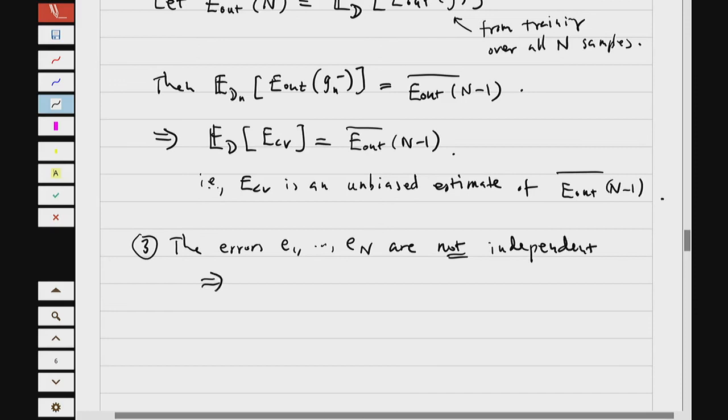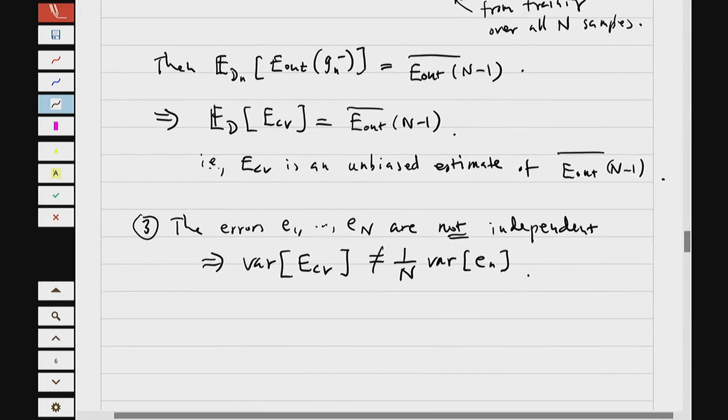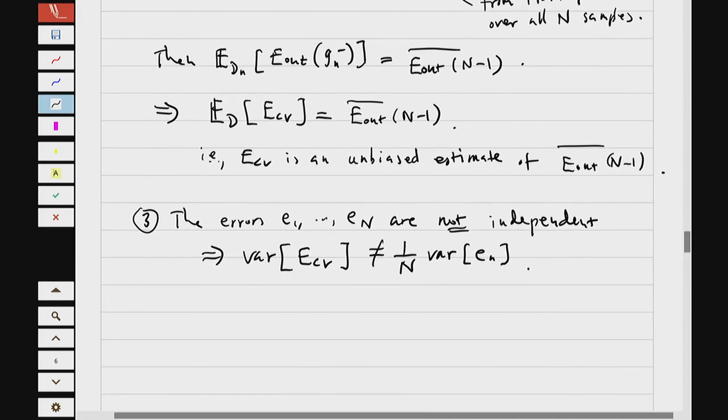Therefore, we cannot derive what we have been using all the time, that the variance of the average is equal to 1 over n of the variance of an En. It would have been nice if we had that. So it turns out that we cannot prove it. We don't know; whether your estimate is consistent depends on your problem.